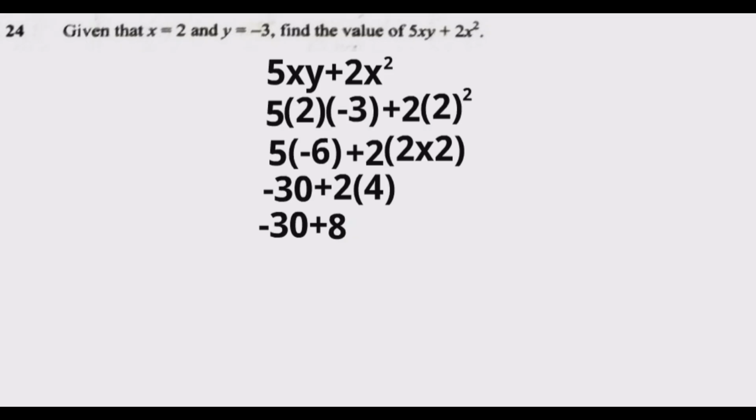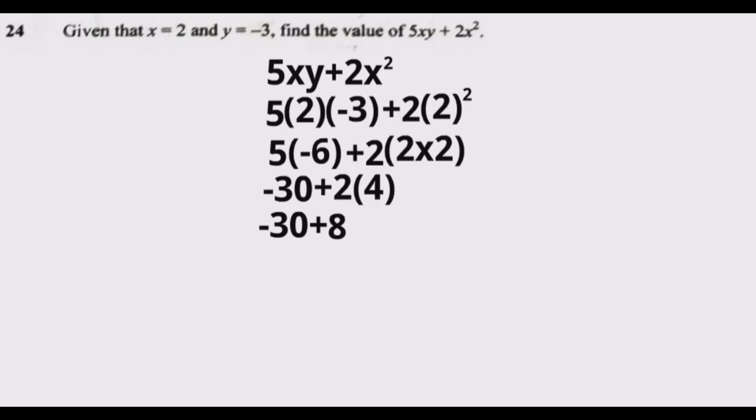So how do we evaluate that? We ask ourselves this question: which number is bigger between 30 and 8? Ignore the negative and positive signs first. 30 is bigger than 8, so we ask our next question: what is the sign of 30? That is negative, which means our answer is going to be negative, so we can put a negative sign in advance.